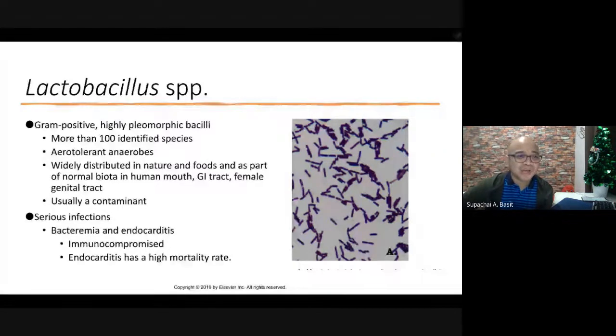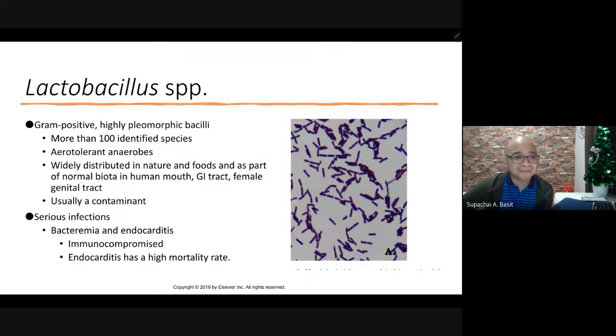So they are widely distributed in nature and foods. I say food because milk such as Yakult has the Lactobacillus shirota strain. They are also part of the normal biota of the human mouth, gastrointestinal tract, and female genital tract.